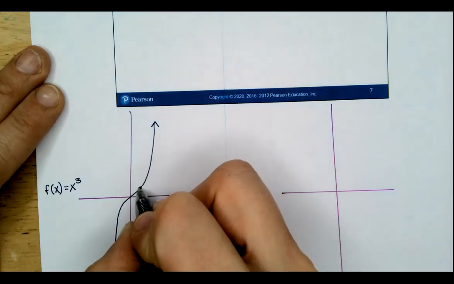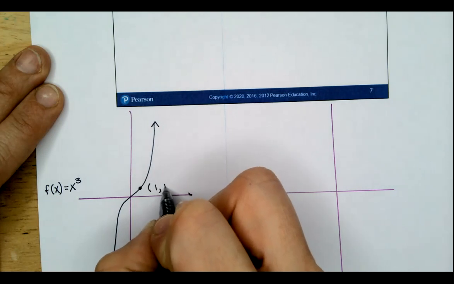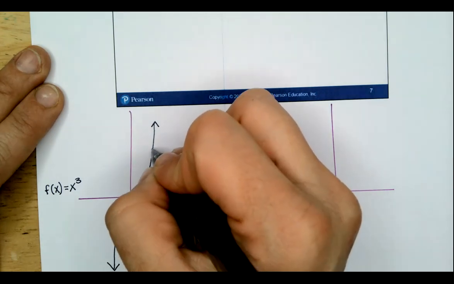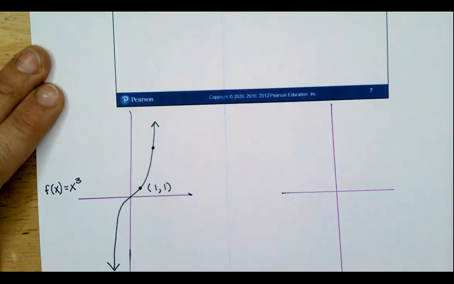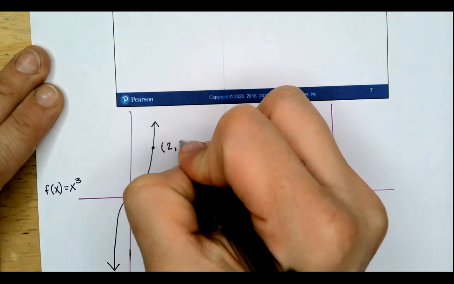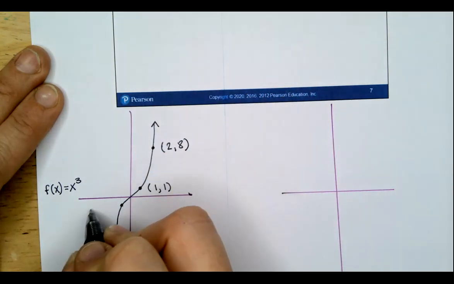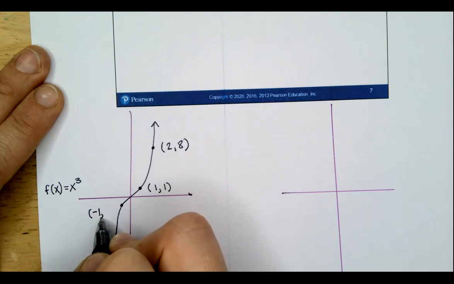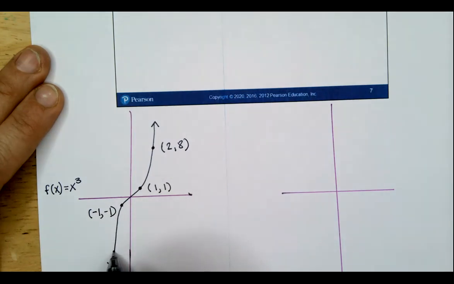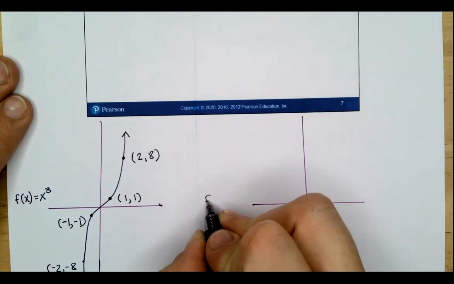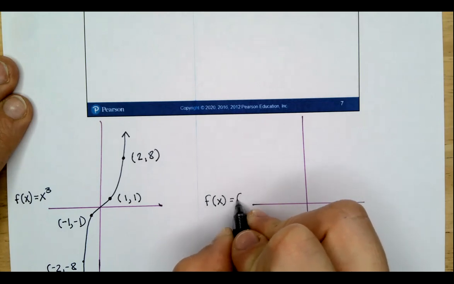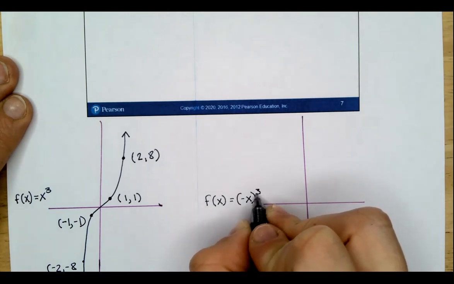We know that it'll be 1, 1. It'll be 2, 8. -1, -1. -2, -8, right? And then here we're going to say f of x equals negative x cubed.